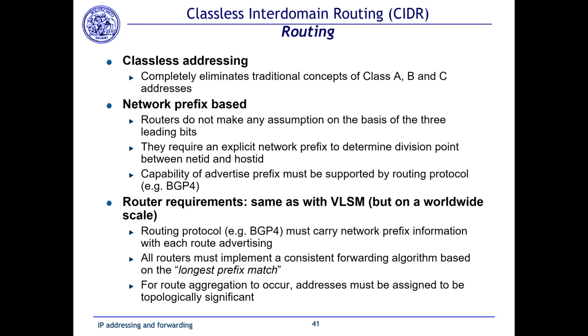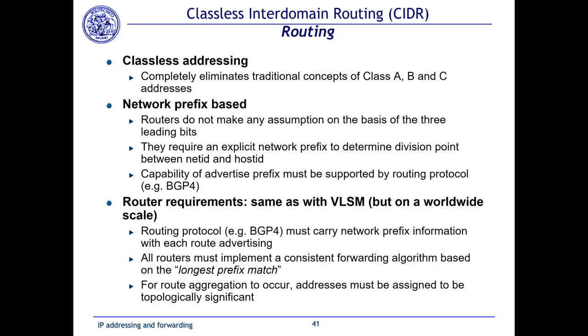It was the same also in the subnetting mechanism, but usually when you are subnetting, you are inside an autonomous system, so the routing protocols involved are the ones that act inside the autonomous system. For example, OSPF and RIP.